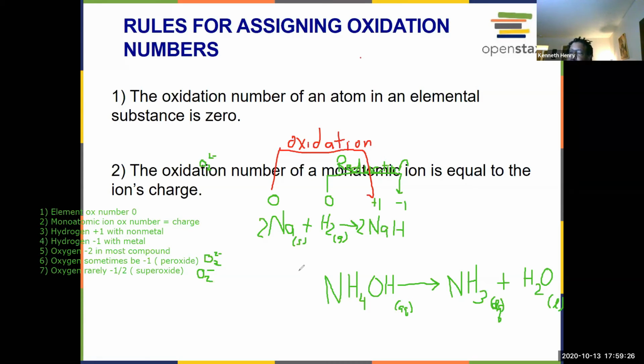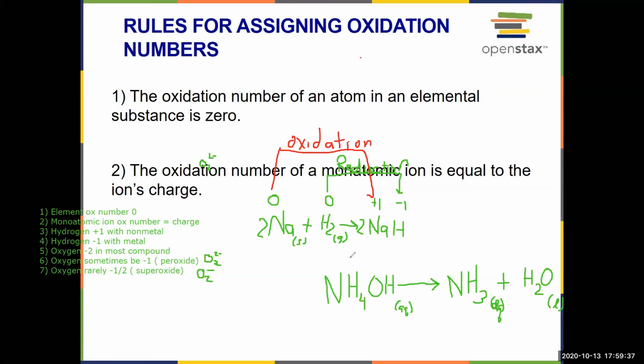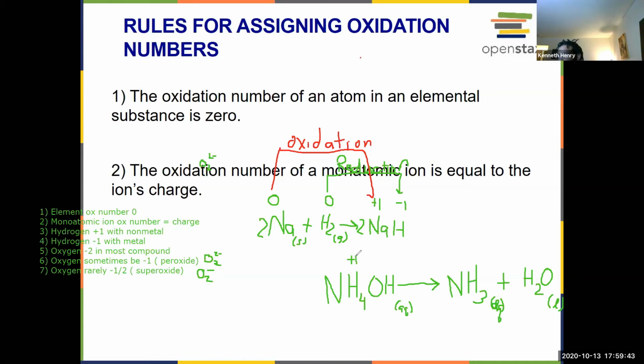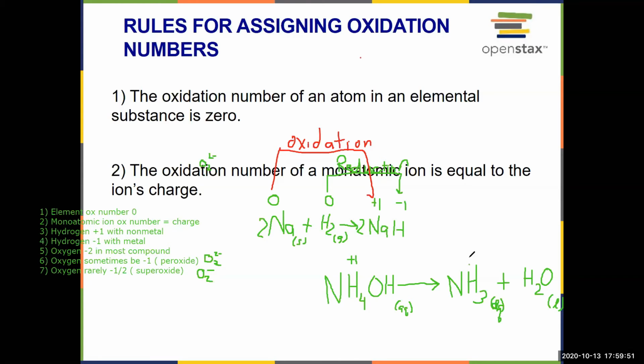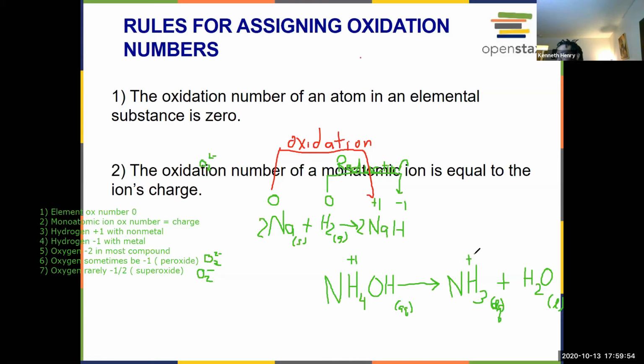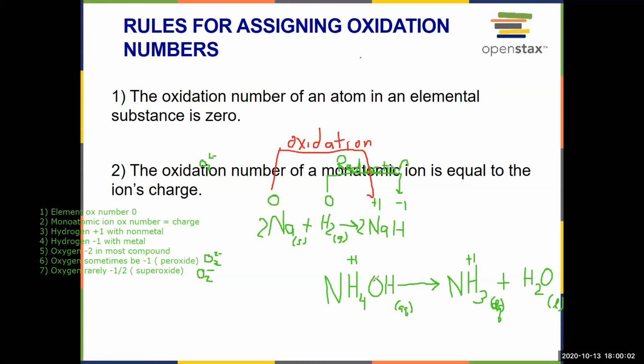Okay. So what is the rule for hydrogen? That it's a +1 with nonmetals. Okay, +1. So then over here, would that be +1 too? That's going to be +1 too. Okay, what about oxygen? Is it 2 minus?